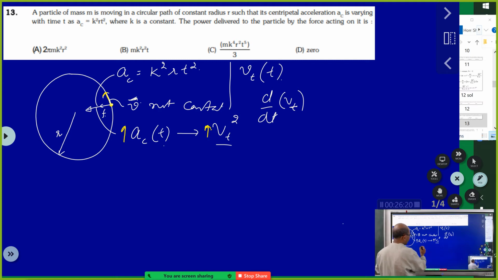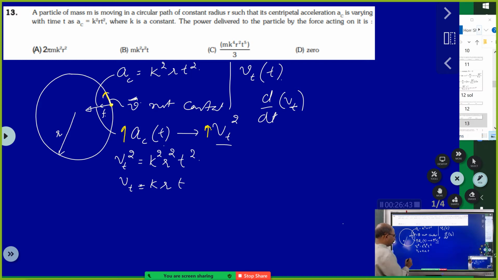So therefore we have got the right equations. Vt square is equal to k square r square t square, and therefore we get Vt is equal to kRt. If you differentiate this, you get kr. Now multiply both sides by m, so this becomes the tangential force.